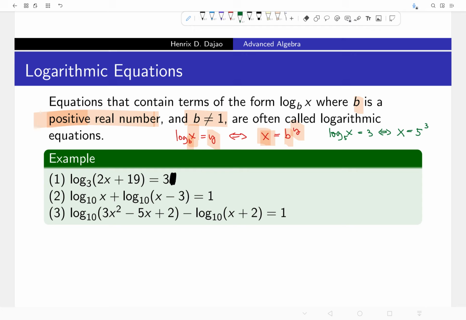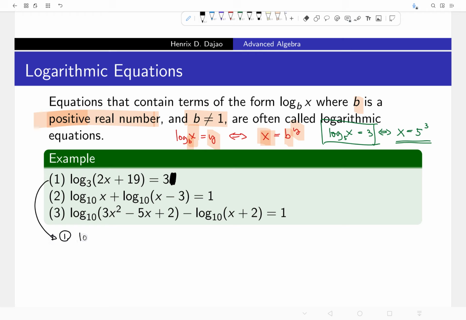Okay, so we will use this equivalence in order for us to solve or to get the value of x in a particular logarithmic equation. So let's take, for example, number 1.